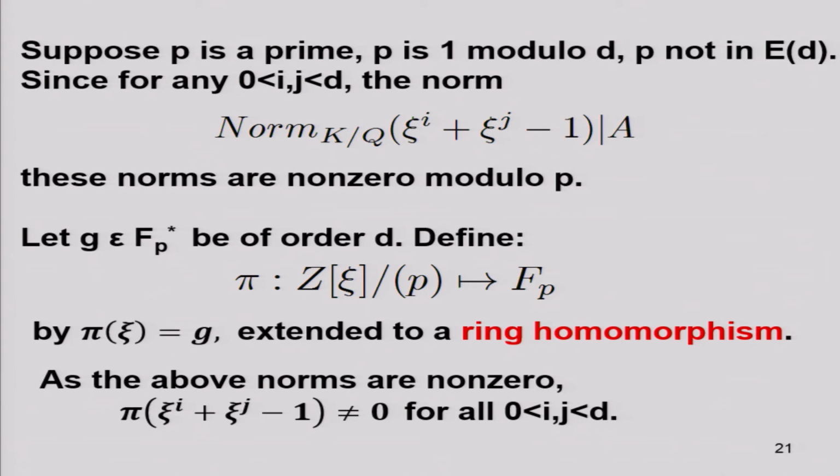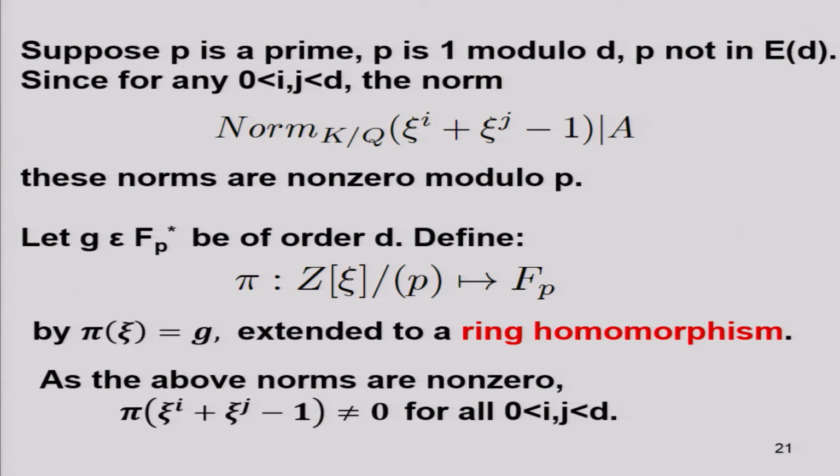And then we define a ring homomorphism, so we just map xi to g. Okay? And I'm trying to do everything here in a very elementary way, and that's why I don't even mention the word prime ideal, although I guess I just did, but you can ignore it. It's really very simple.